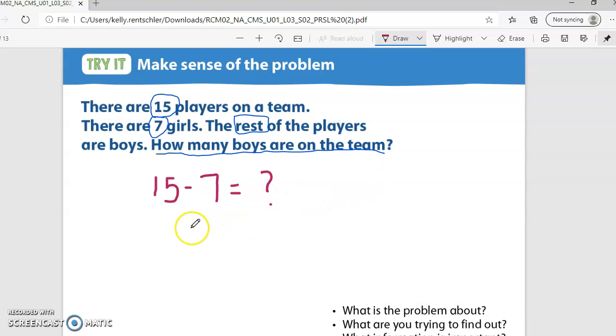Okay. If I was doing a number bond, my whole is how many players I have altogether, which is 15. My part is girls, which I know is 7. And then my other part is boys, which I don't know yet.